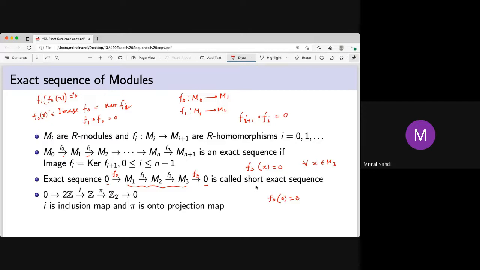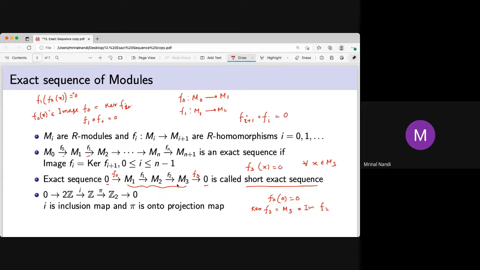So this is called a short exact sequence. Obviously, f1 must be injective and f2 must be surjective, because the kernel of f3 is the whole M3. So that must be equal to the image of f2.